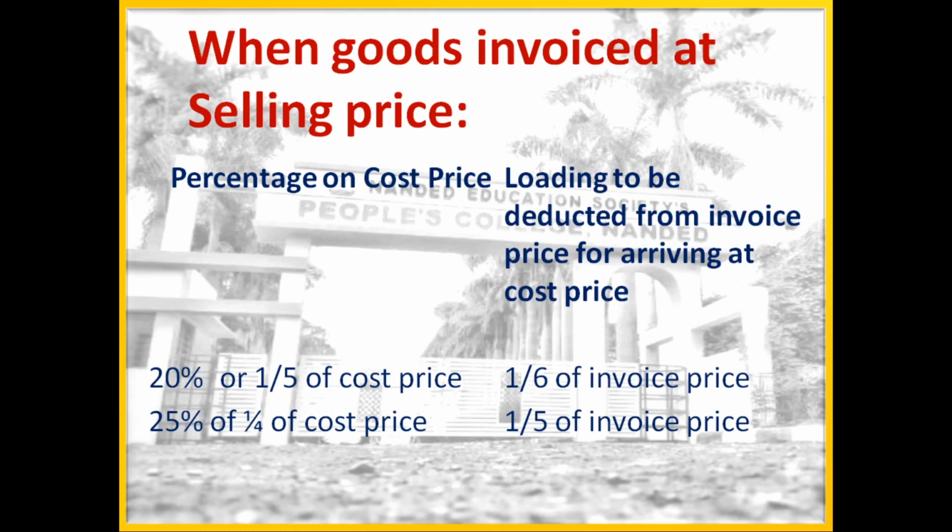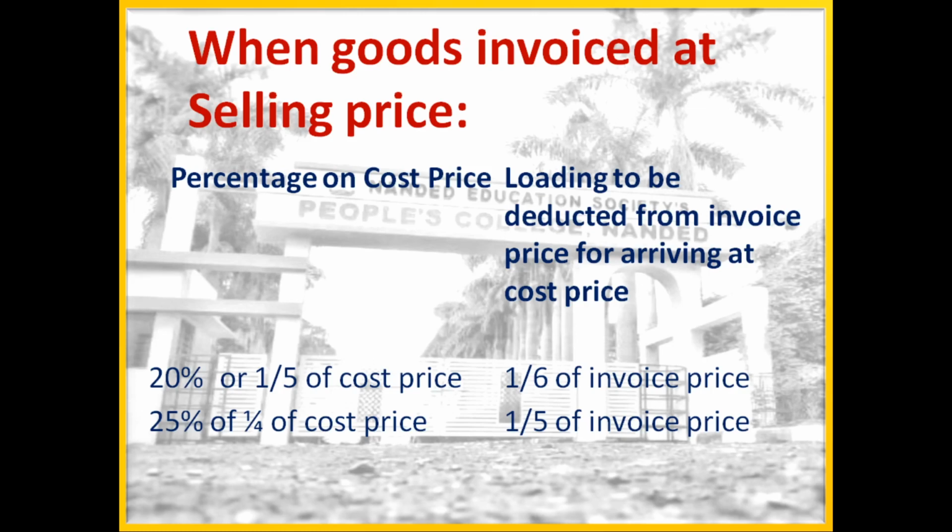The following table will be very useful in the calculation of loading. That is, left side column, percentage on cost price, right side column, loading to be deducted from invoice price for arriving at cost price.